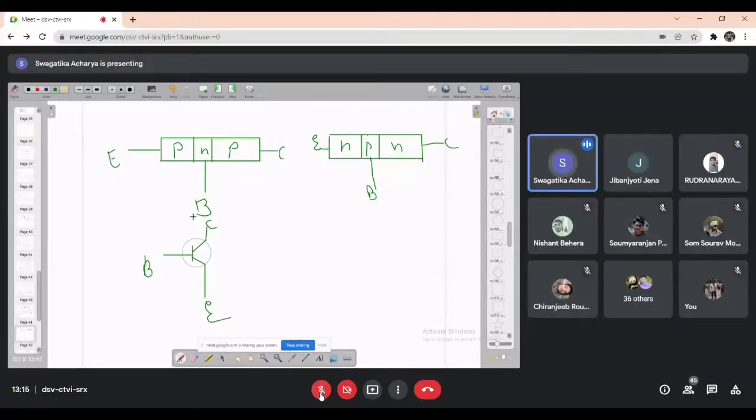For PNP, the direction will be emitter to base, right? Yes, ma'am. Emitter to base, and for NPN, it will look like this.